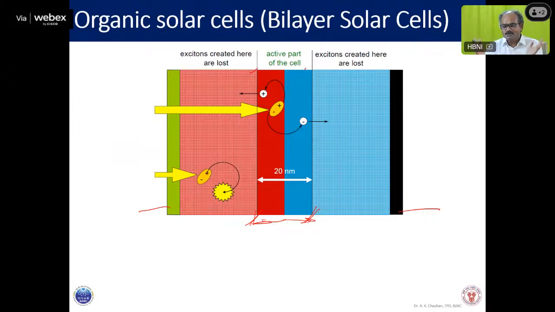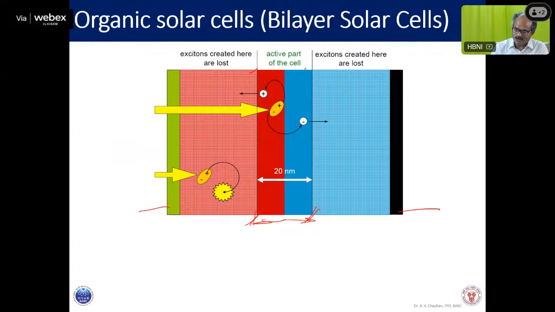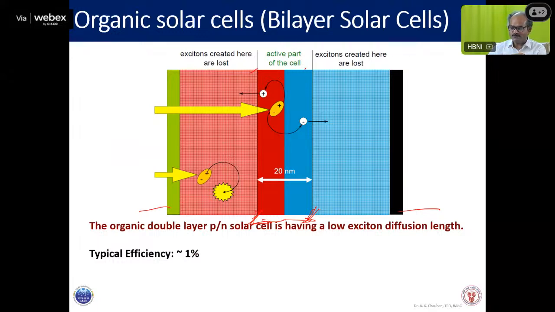So the majority of the volume of this solar cell was actually non-active. The active layer will only be this small. Because of this problem, the efficiency of this solar cell was very, very low. And when I have written 1%, it is also for the best possible device in those cases.